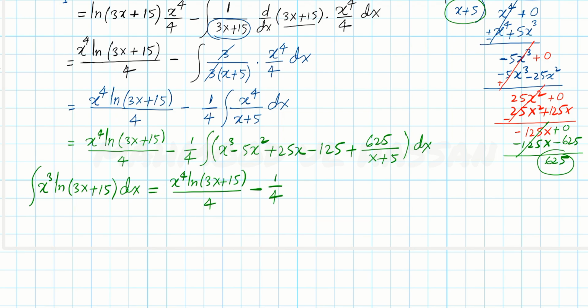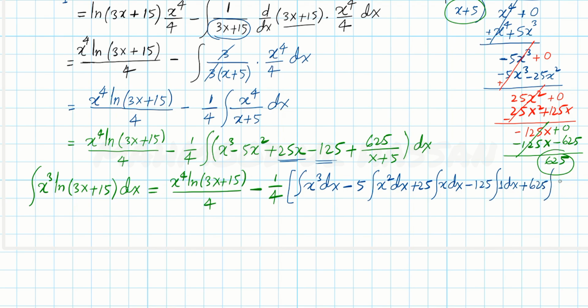You have to apply the integral inside, so this will become integral x^3 dx, then minus 5 will come out from the integral, so the integral will apply on x^2 dx, and then plus 25 will come out, so the integral will be applied on x, then minus 125 integral of 1 dx, and then plus the integral applied with the last term, so 625 will come out from the integral, so the integral will apply on 1 divided by x + 5 dx. Is it okay?